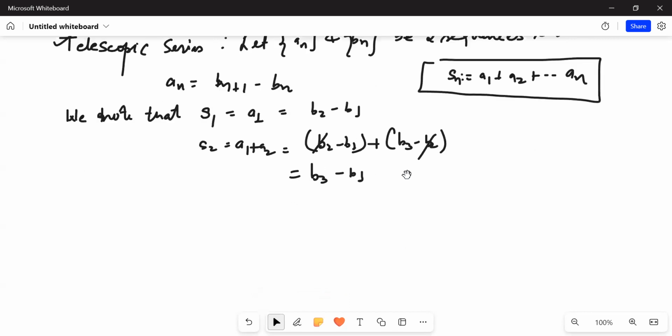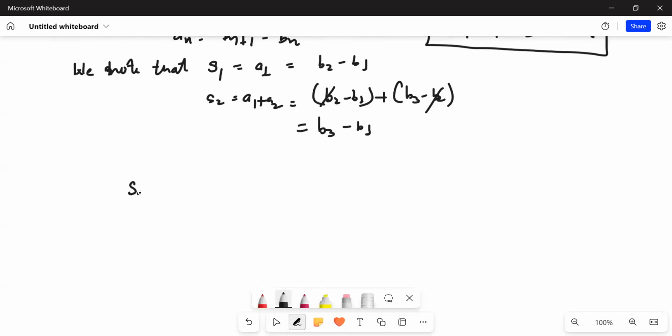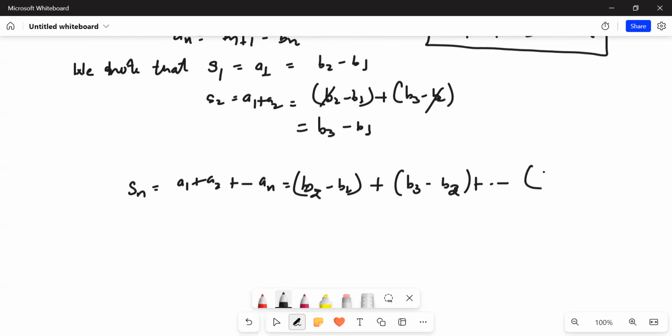And if you go on like this, Sn would be simply equal to a1 plus a2 up to an, which would certainly give you b2 minus b1 plus b3 minus b2, and at the end you are going to get bn plus 1 minus bn.